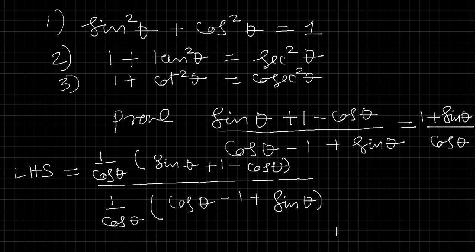So the given expression will come like this. On simplifying, we take 1 by cos theta inside the parenthesis, on the numerator and denominator.